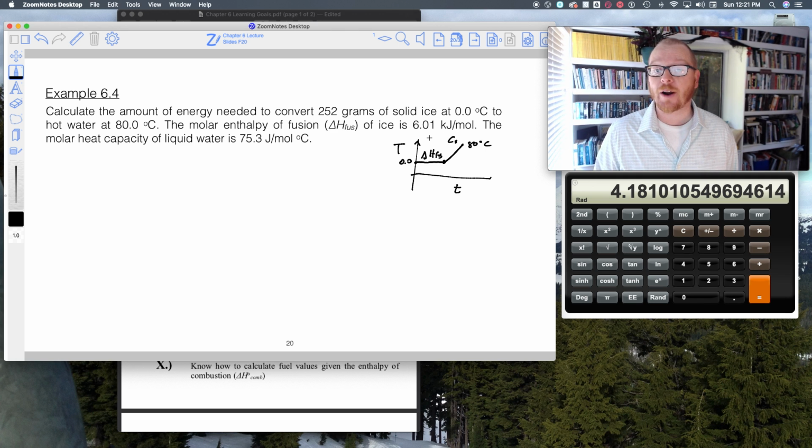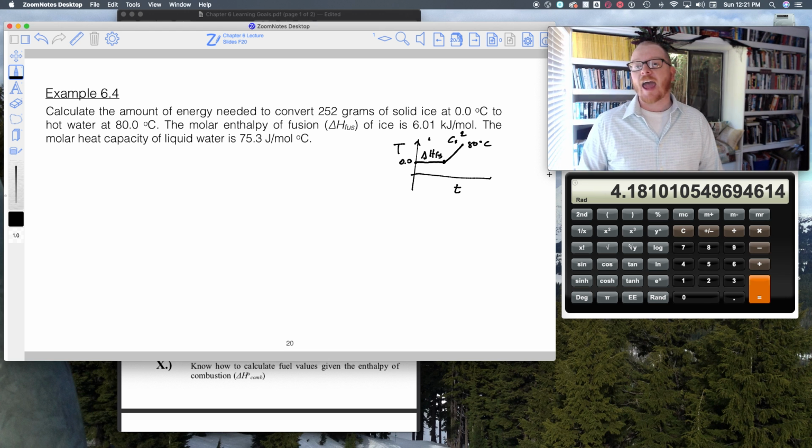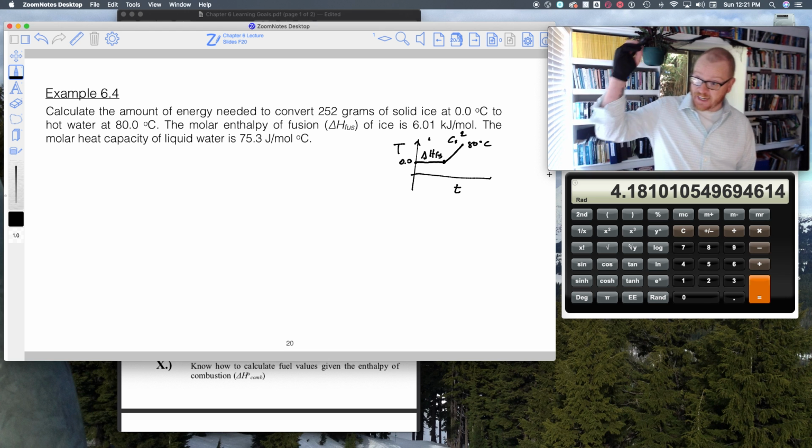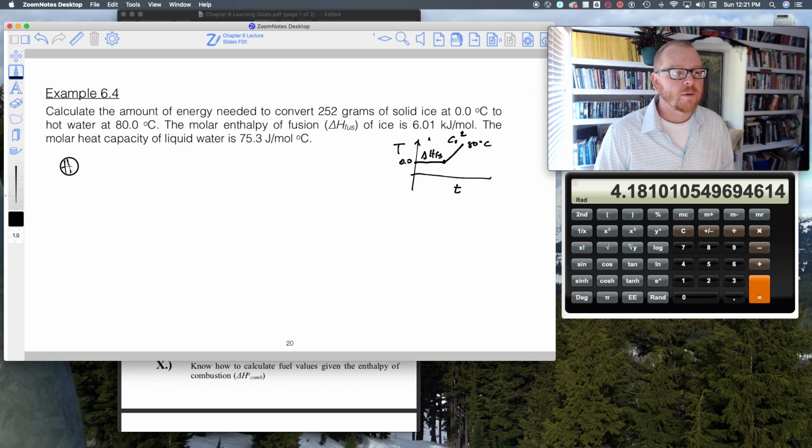So it's going to be a 2-part calculation, part 1 and part 2. Part 1 is just how much heat do we need to make it melt, and then part 2, how much heat do we need to make it rise in temperature. Okay, so part 1, to melt ice. I'm going to write that as Q1.